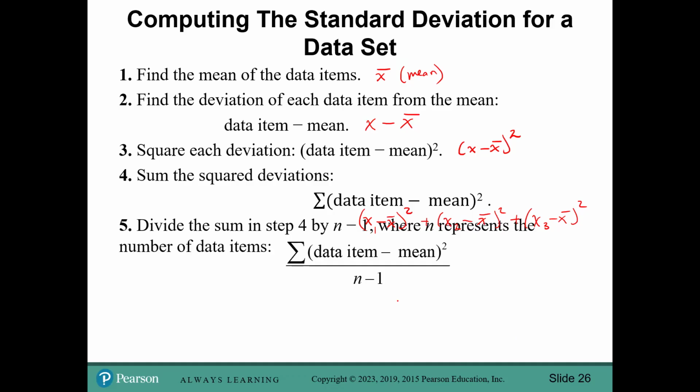I really wish I could erase now. I can. There we go. Then we're going to divide all of that by n minus 1. So that's one less item than you have, right?